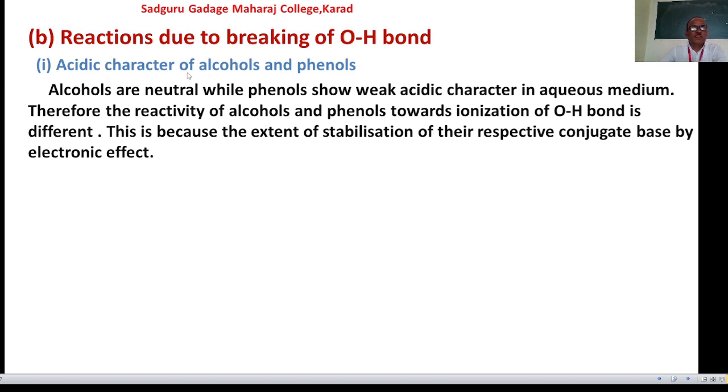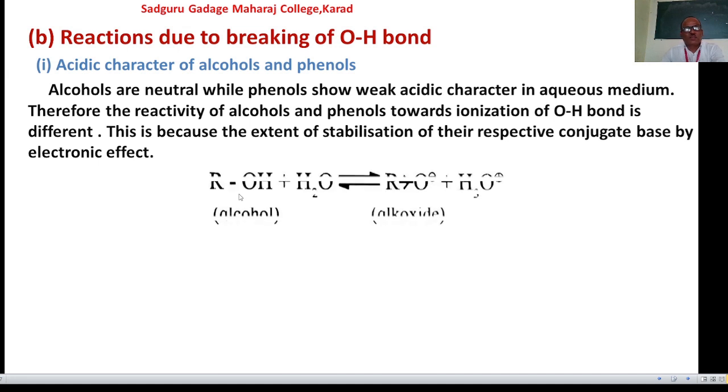So first is the acidic character of alcohols and phenols. Alcohols are neutral, while phenols are weakly acidic in aqueous medium. Therefore, the reactivity of alcohols and phenols towards ionization of the OH bond is different. This is because of the extent of stabilization of their respective conjugate bases by electronic effects.